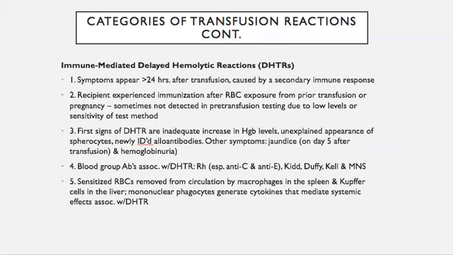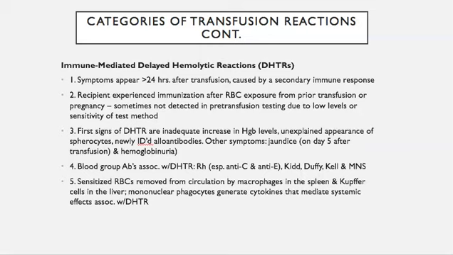And this goes back to a previous lecture where we talked about when you're trying to identify an antibody that a patient has, how this information can come in handy. So just like when you're trying to identify an antibody, if you're trying to identify the cause of a delayed hemolytic transfusion reaction, this information could be helpful.